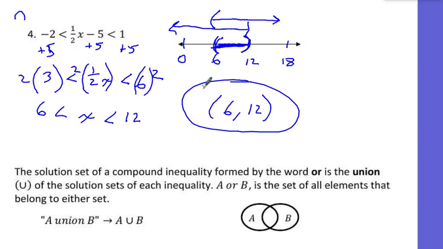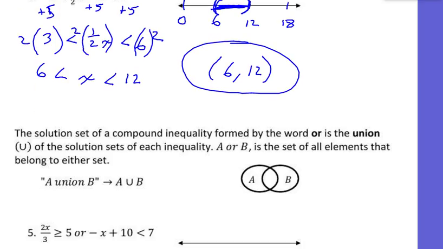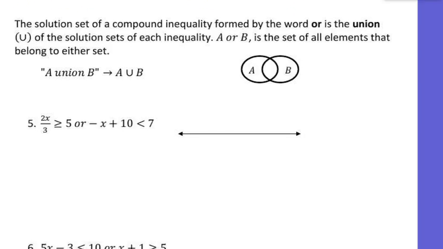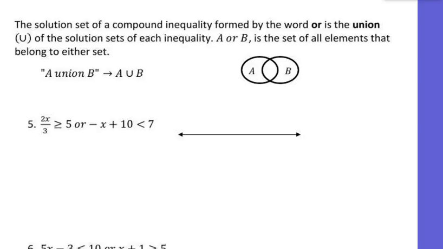The second type of compound inequality is the OR question, or a union. And the solution set of these includes elements of either set.